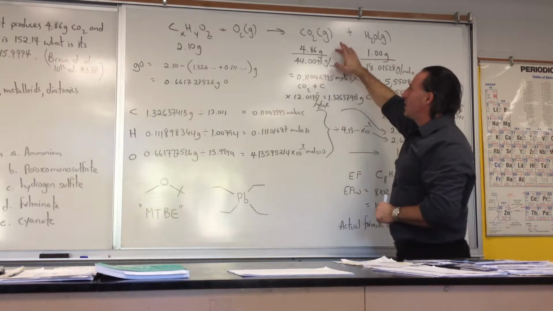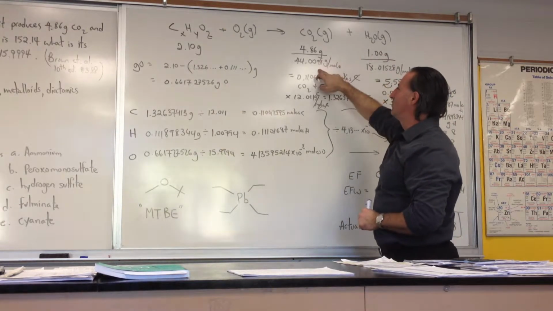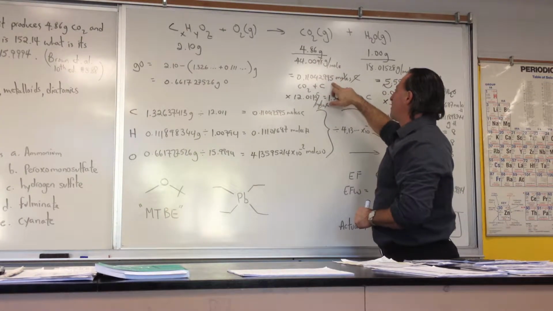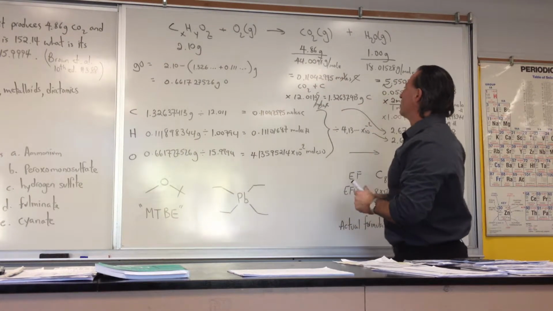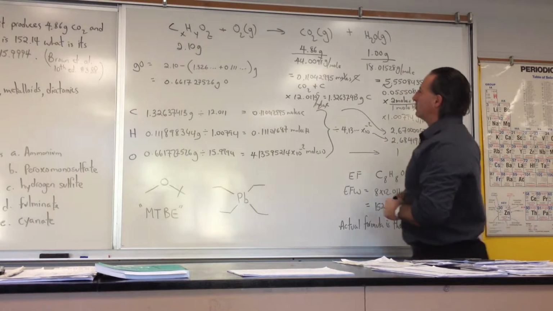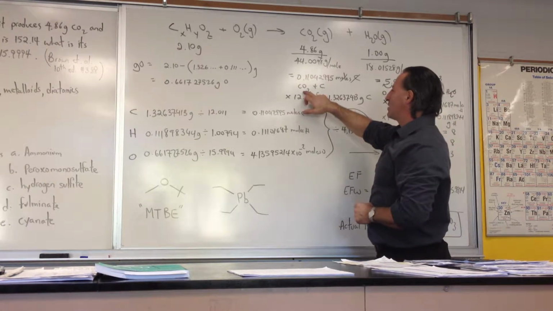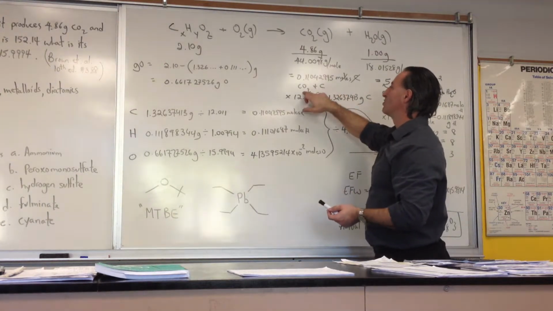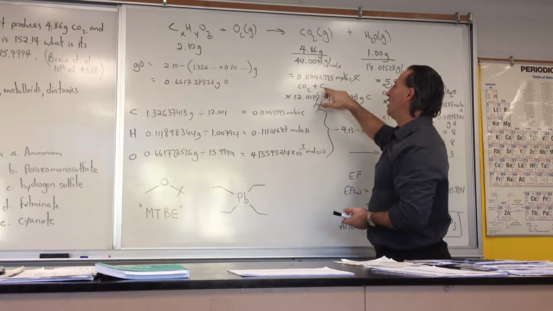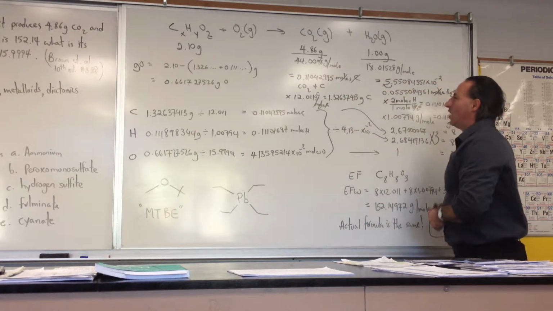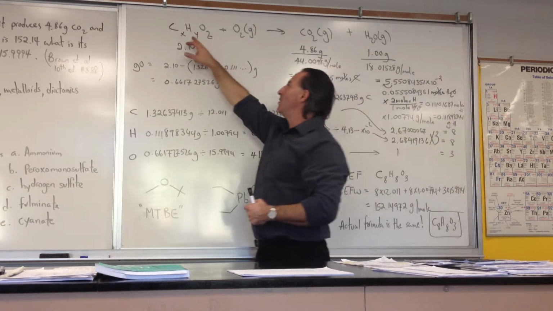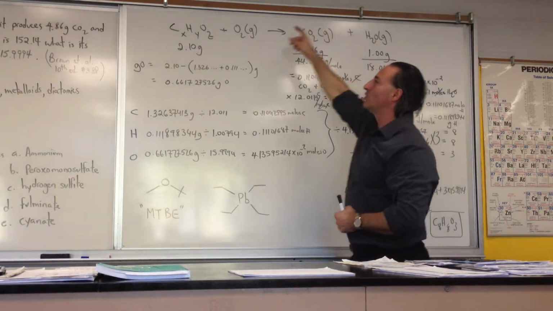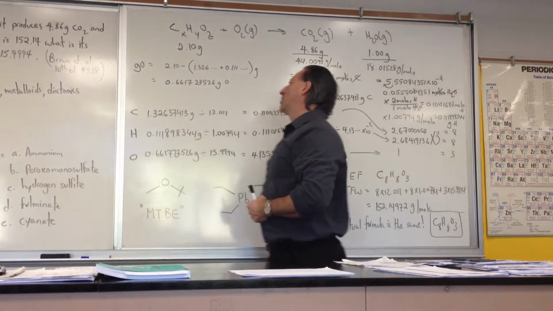And we're told we get 4.86 grams of carbon dioxide, so we're going to divide by the molar mass of carbon dioxide, find out how many moles of carbon dioxide is produced, and since we find out how much carbon dioxide is formed, we also know how much carbon was in the carbon dioxide, the same number of moles, because for every mole of carbon dioxide, you're going to have 1 mole of carbon. All the carbon is coming from this molecule. So if we know how many moles of carbon dioxide we have, we will know how many moles of carbon were present in this molecule.